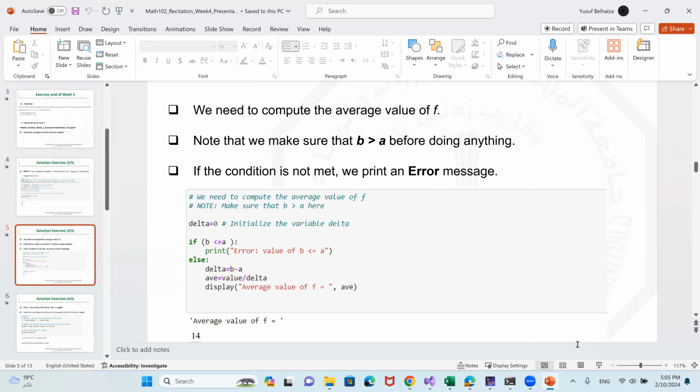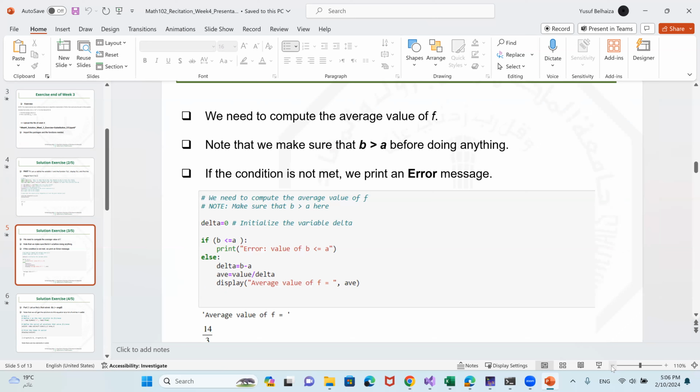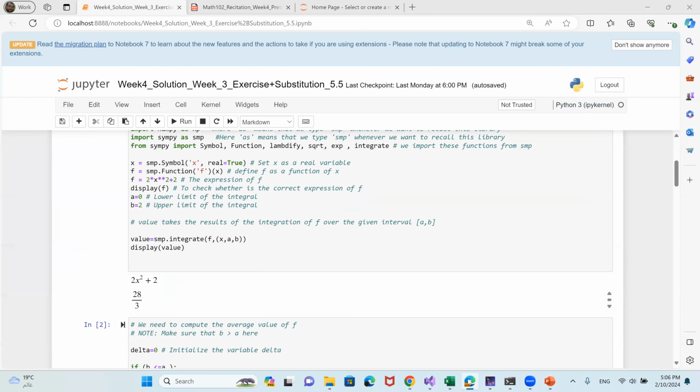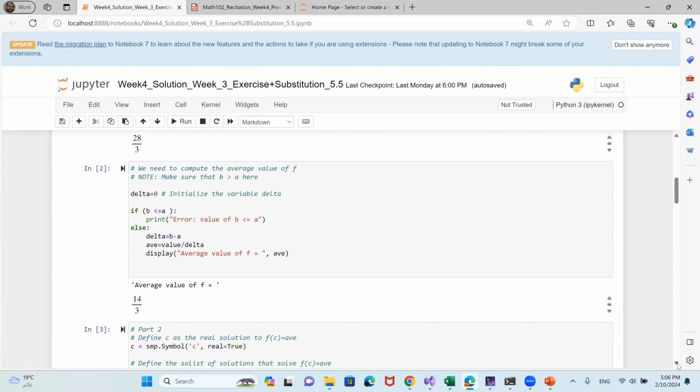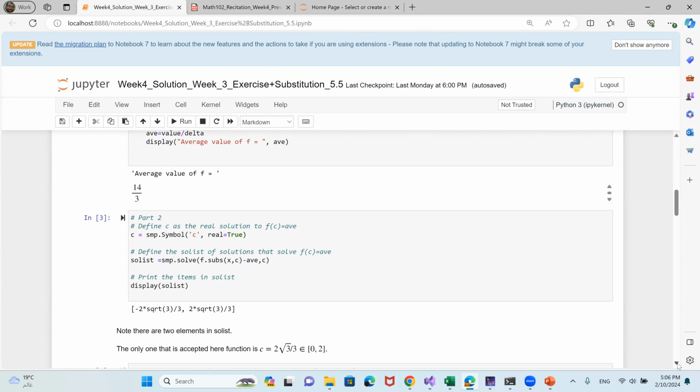Here the solution was 28 over 3 divided by 2. We expect to have 14 over 3, and that's exactly what we have here. So this is what we have in the code part.